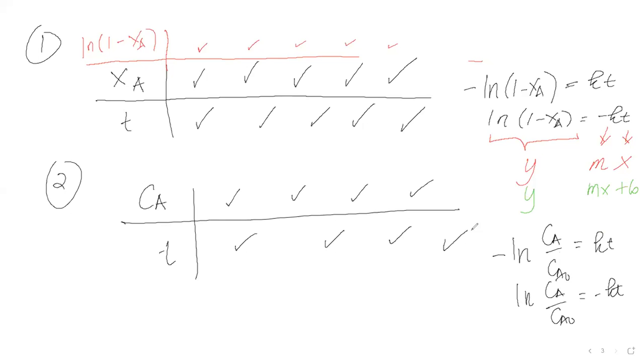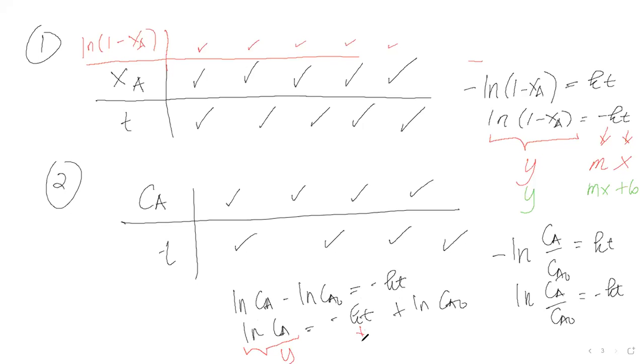You know that for a division in the argument of the ln, that corresponds to 2 ln's: the ln of Ca minus the ln of Cao, from your EMMA 101. And this would be equal to negative Kt. Now you have ln of Ca equal to negative Kt plus ln of Cao. Now you have an equation of a line here. As you could see, this would be your y. This would be your m.